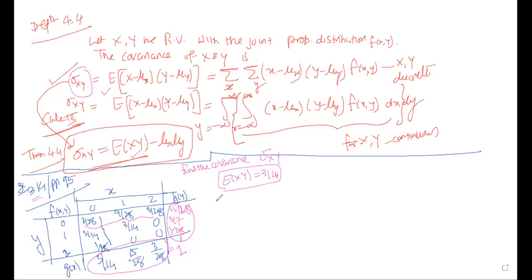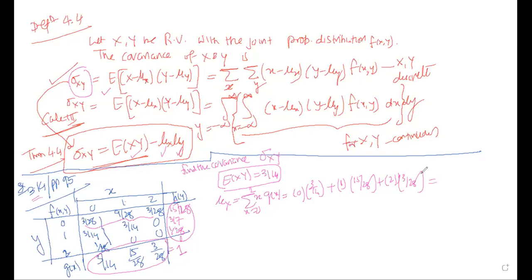And then now I want nu of x and then nu of y. So nu of x is nothing but summation of x times g of x. That is equal to x from 0 to 2 because x runs from 0, 1 and 2. That is equal to 0 times 3 by 14, then 1 times 15 by 28 plus 2 times 3 by 28.